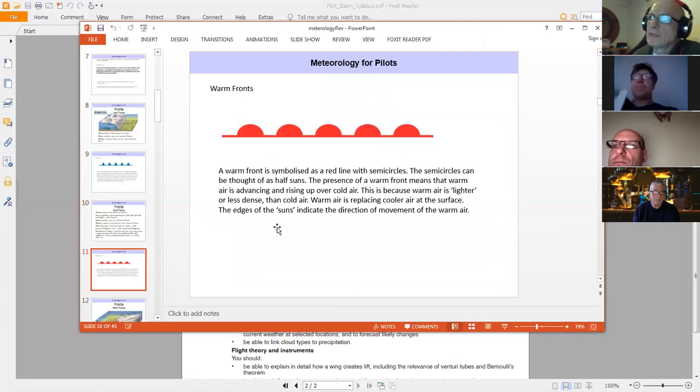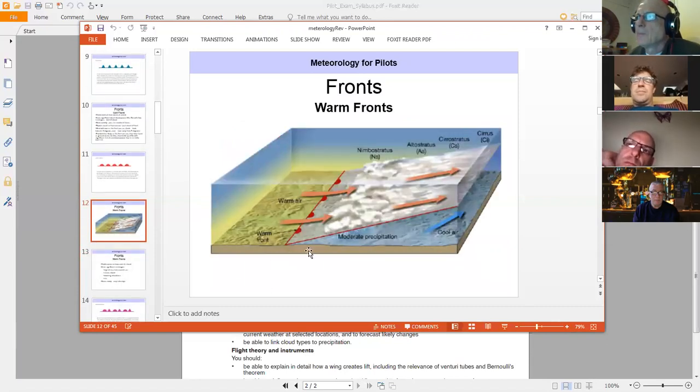Okay, warm fronts. So warm fronts are symbolized by this line. The presence of a warm front means the warm air is advancing, so it will now rise over the cold air. Same principle, the cold air drives underneath it on a front, the warm air will go over the top. Exactly the same principle.